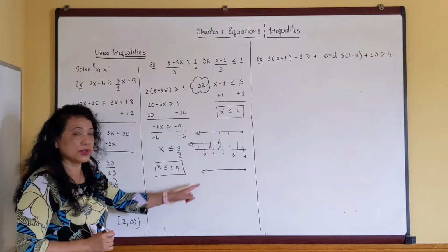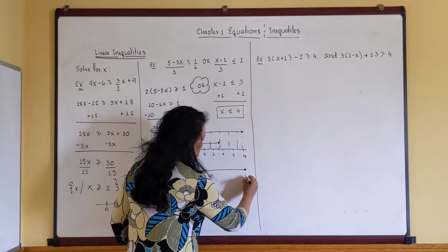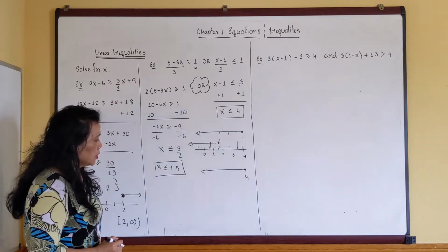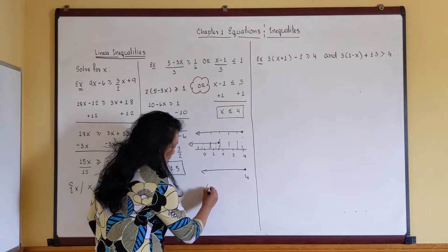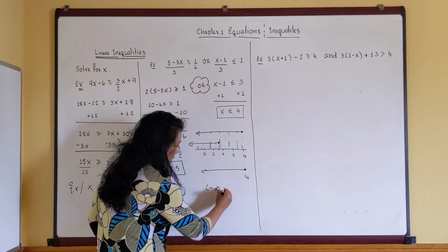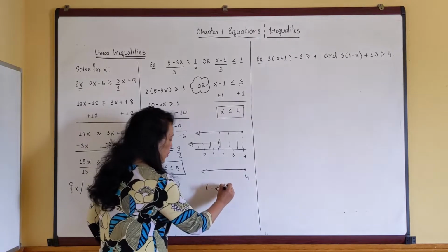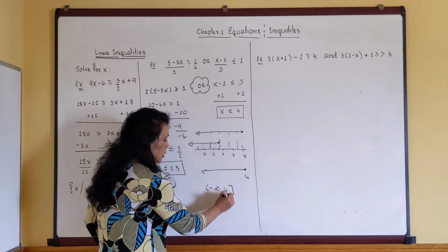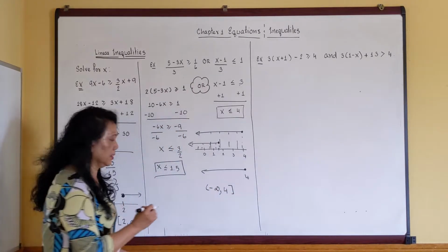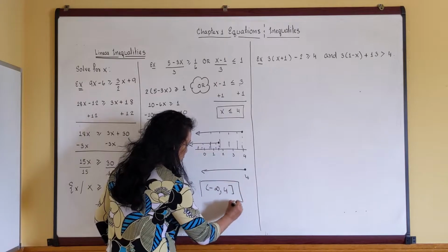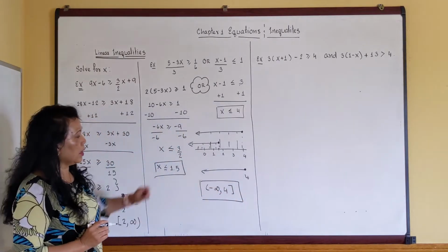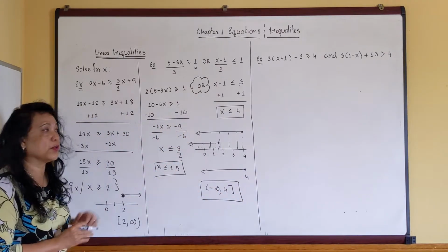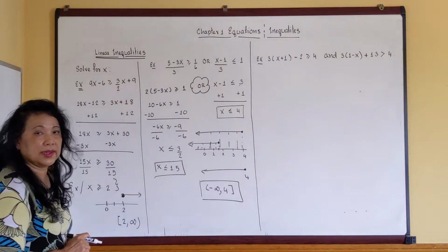So that's your solution graph, from 4 all the way to the left. And the solution interval will be negative infinity up to 4, including the 4. So when it's included, you're going to use a bracket like that, right? So that's the interval notation, and that's the solution graph, and that's the working graph for the compound inequality.